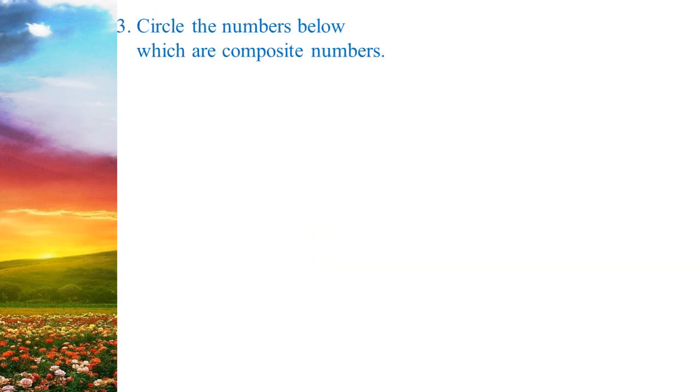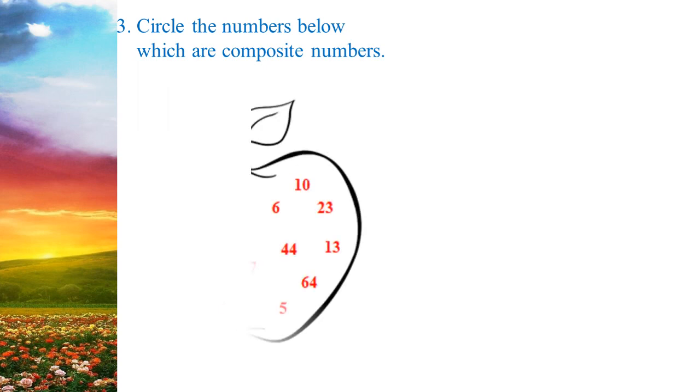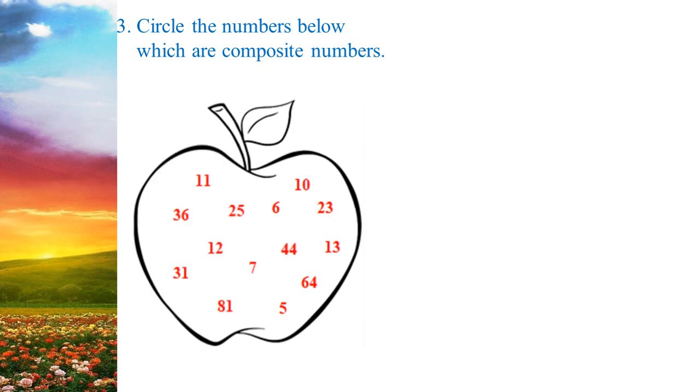Let's see third question. Circle the numbers below which are composite numbers. Here is given one apple image, and inside are given more numbers. Now we have to circle the composite numbers. First we should know the definition of composite numbers. What are composite numbers?